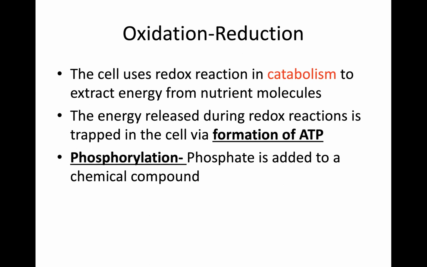We know that's the usable form of energy in the cell. There's a process known as phosphorylation that you should write down and definitely go and read about. It basically means that we're adding a phosphate group to a molecule, to a compound. Phosphorylation is how we get the generation of ATP molecules during the catabolic pathways we just looked at, respiration and fermentation.